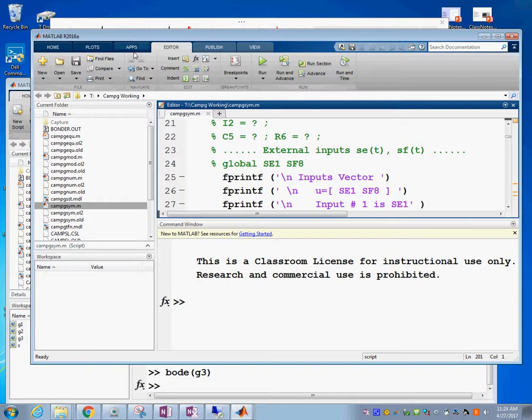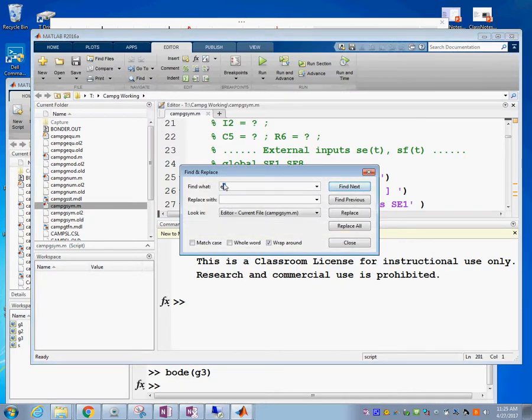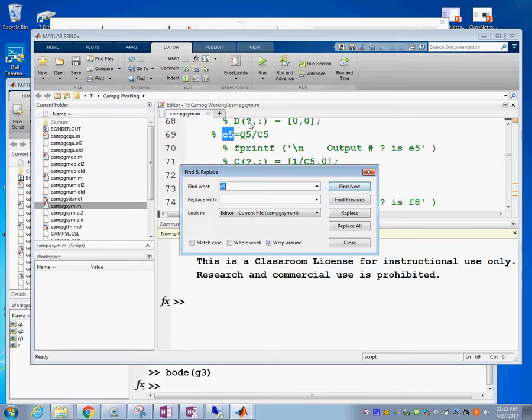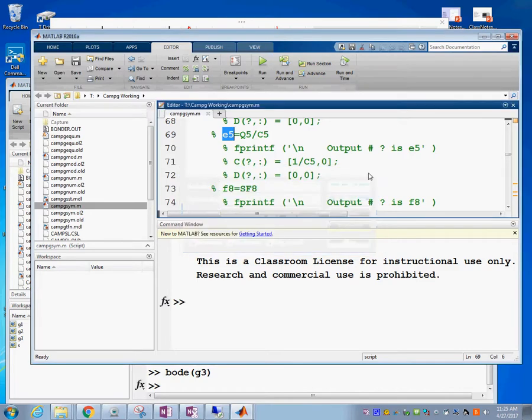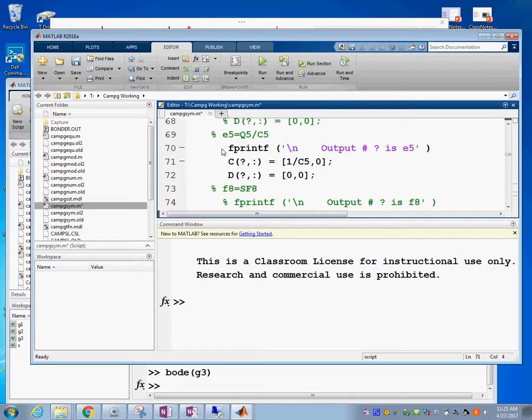So if you go and look for this, E sub 5 is my output, you're going to tell it to make this the official output of the system, and this is going to be output number 1. We could have more than one, but this is what we want.